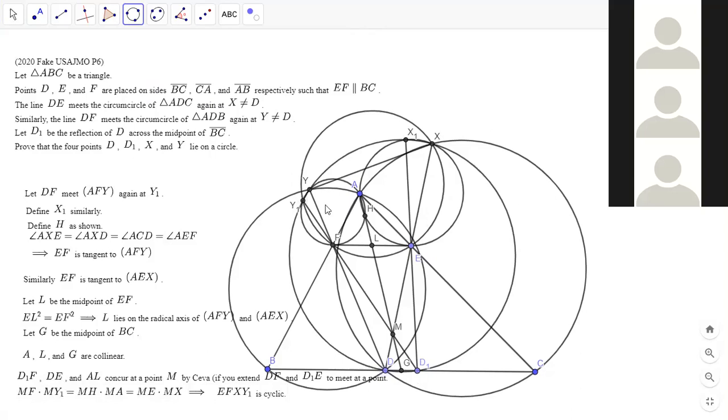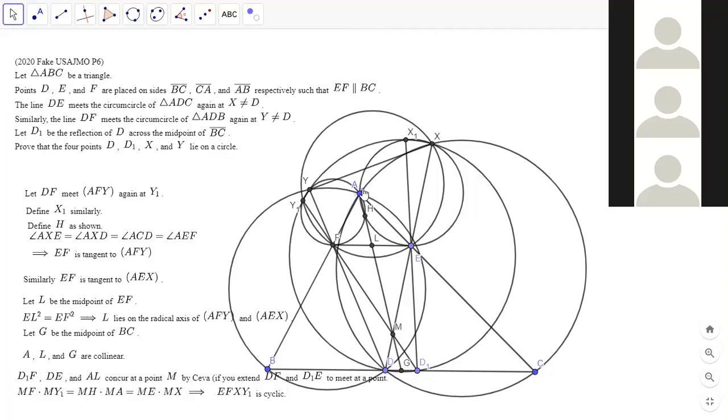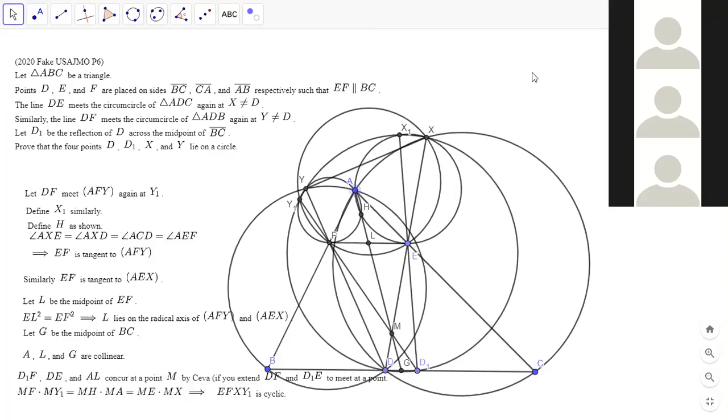Somehow they're the same circle, it looks like, but I think we have to prove that.